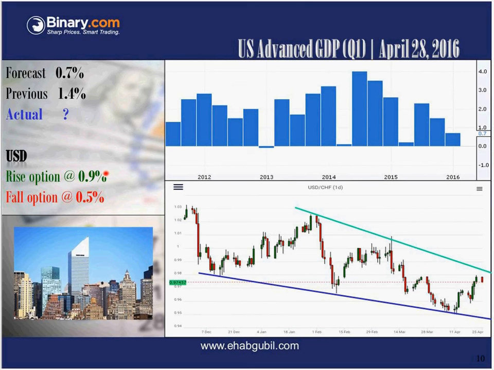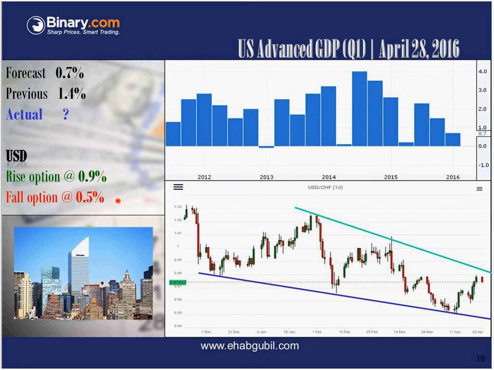We will make a rise option on the dollar. However, if we get 0.5% or worse, then we would be making a fall option on the dollar.